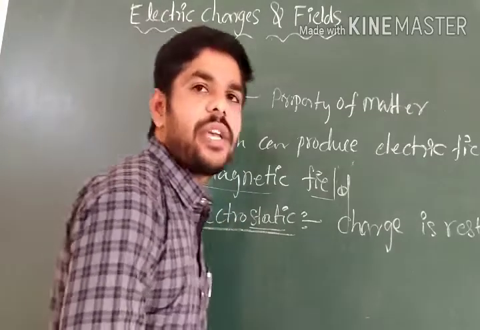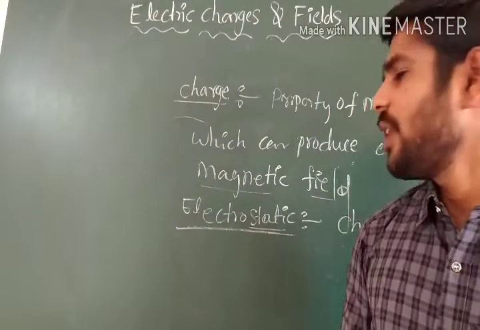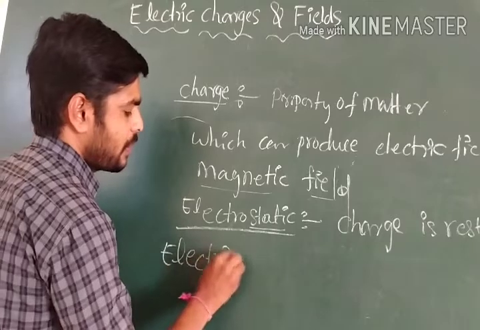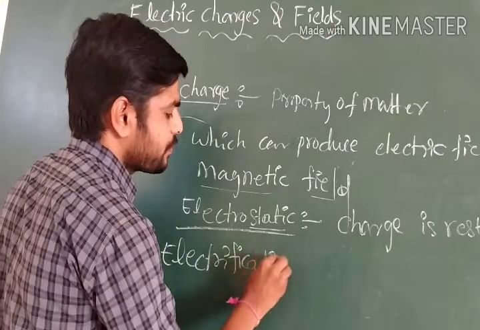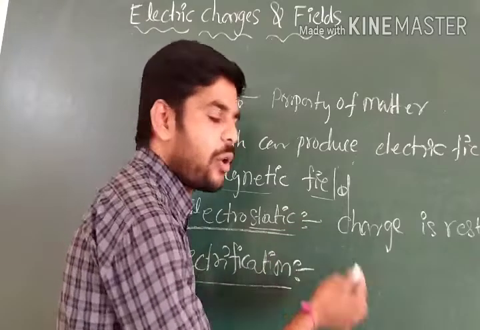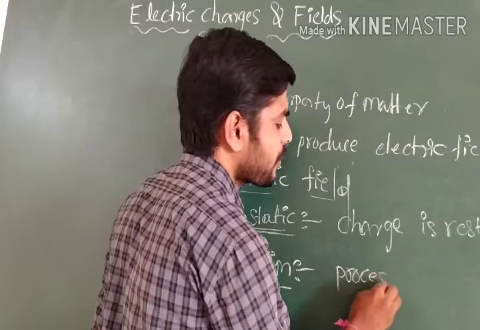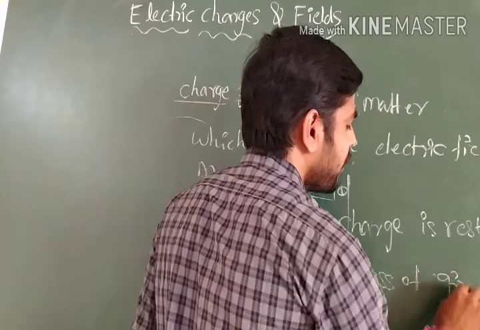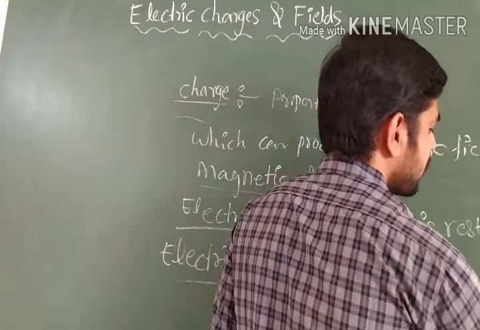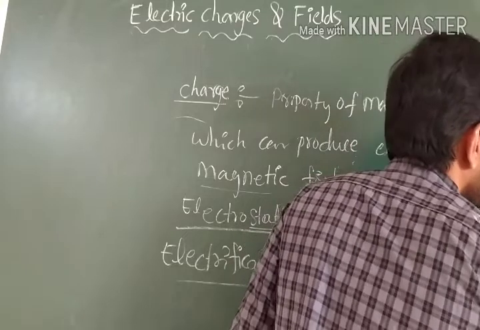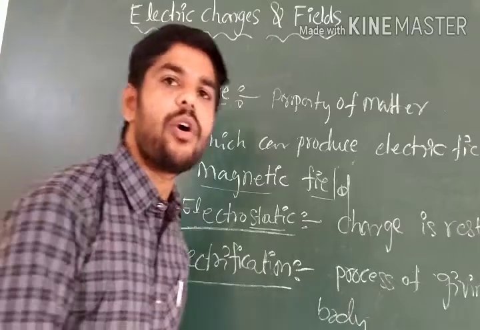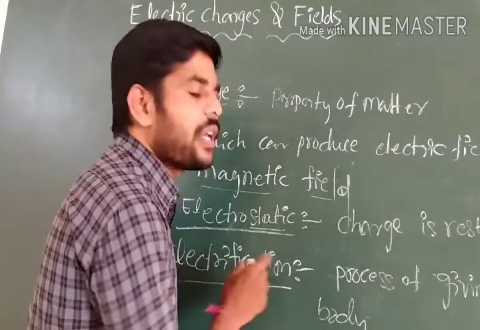How does electrification happen? We have to understand electrification. Electrification means the process of giving charges to a body. This process of giving charges to the body is called electrification.